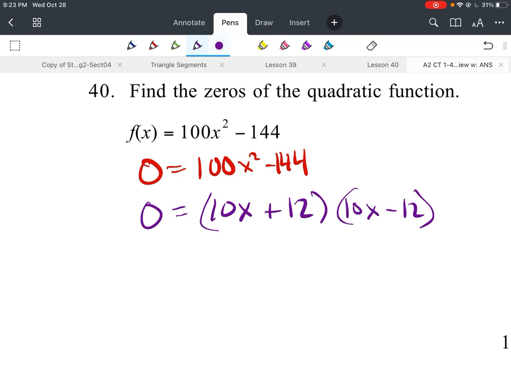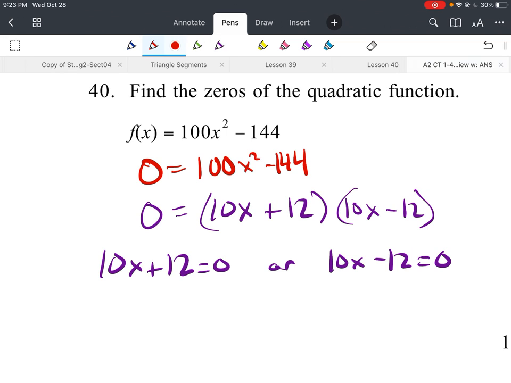All right, so now we've got two things multiplying to make 0. Use my magic trick to say 10x plus 12 equals 0, or 10x minus 12 equals 0. And we'll subtract 12, add 12.